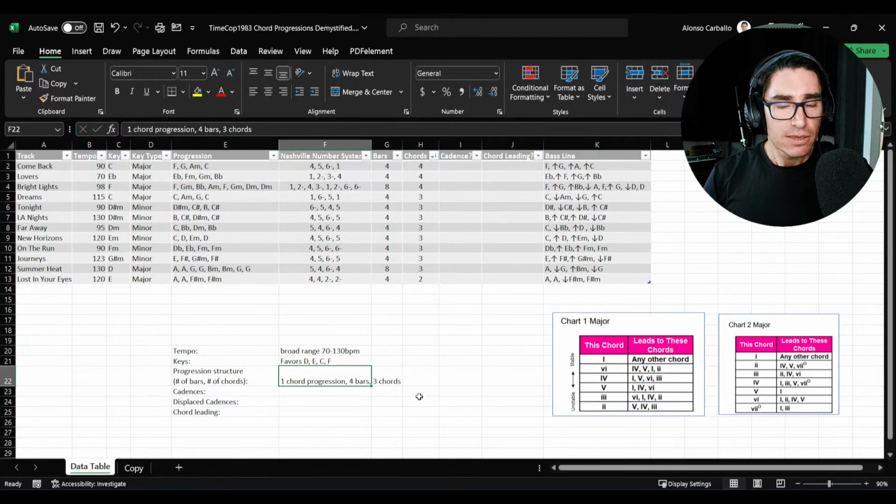And again, if you're trying to make synthwave, if you're a beginner, what this tells us is that if a successful producer, a legendary producer such as TimeCop1983, has created so many tracks comprised of 1 chord progression with 3 chords at the most, then we don't need to overcomplicate ourselves and use a ton of chords for 1 track.